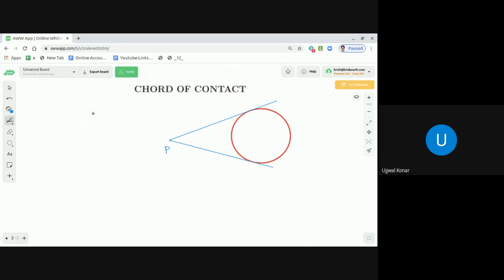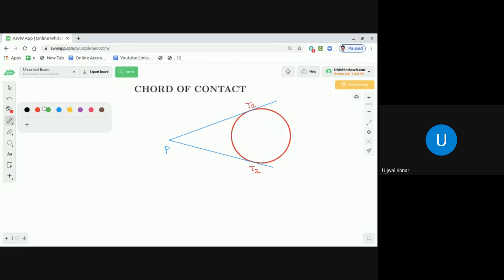Correct, dear students? Now, these tangents touch the circle at two points. Suppose the points are something like this. This is T1 and this is T2. Now T1 and T2 are both on the circle. Correct or not?